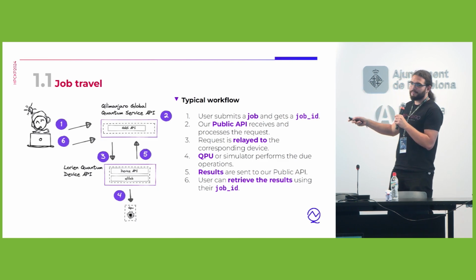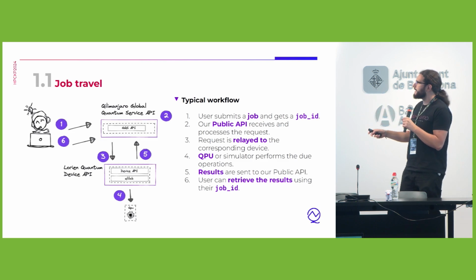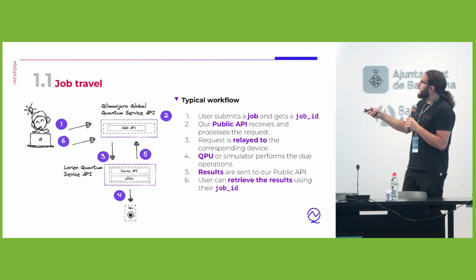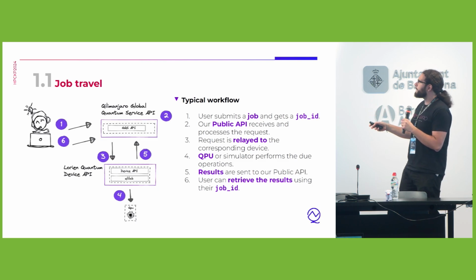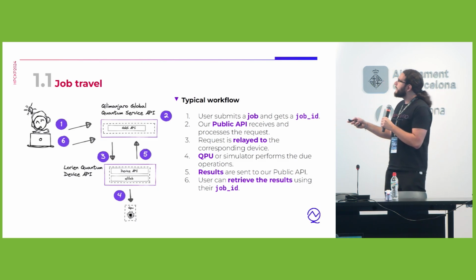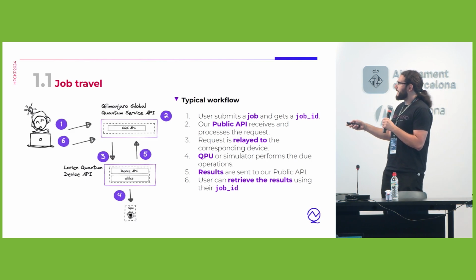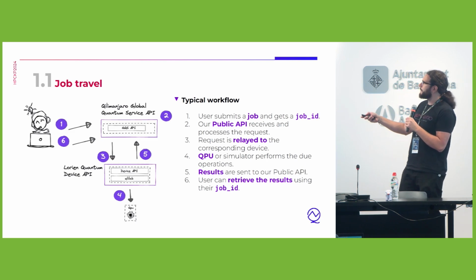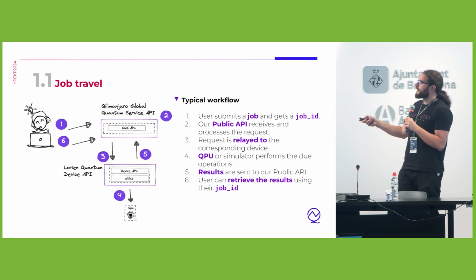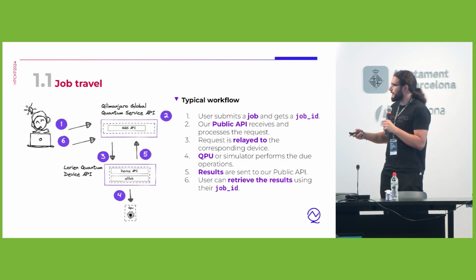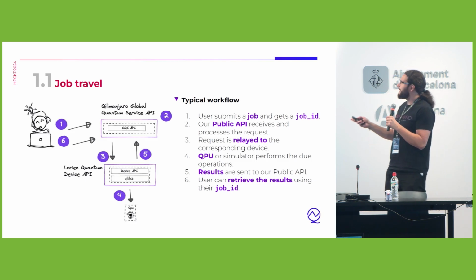Then he receives an ID, basic async stuff. At some point, the public API relays the execution to the corresponding lab. We have a couple of them right now. And inside the lab, it will be queued and executed at some point. The results will be posted back, and the user at that point can recover the results. Basic async web job issuing.